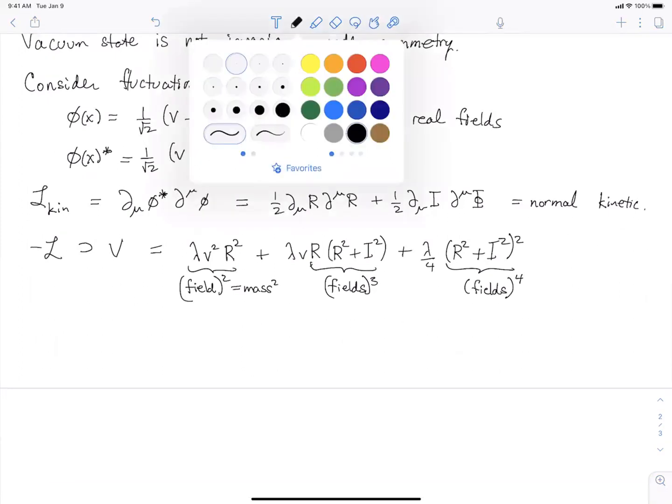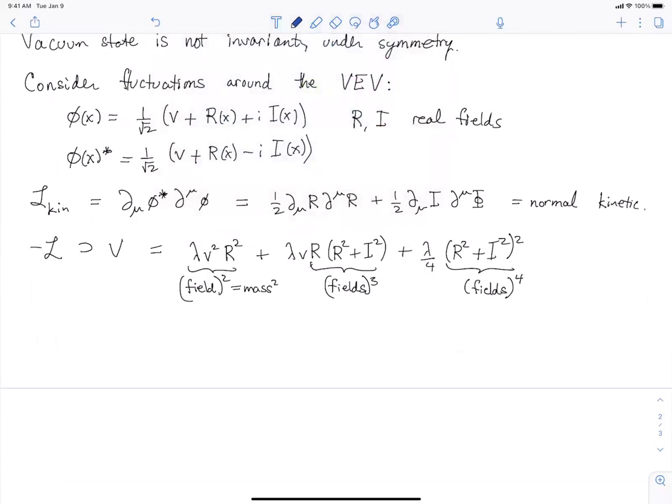If I draw, let me use a different color for the terms in the Feynman rules.